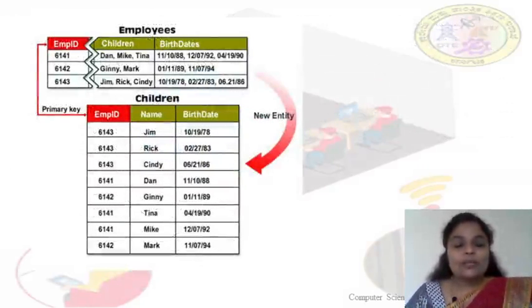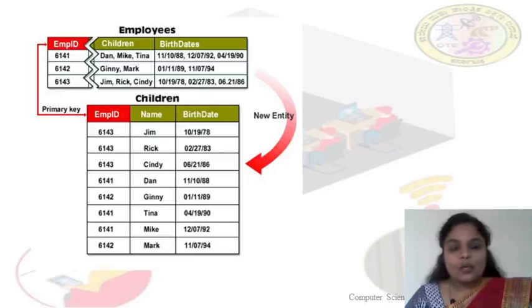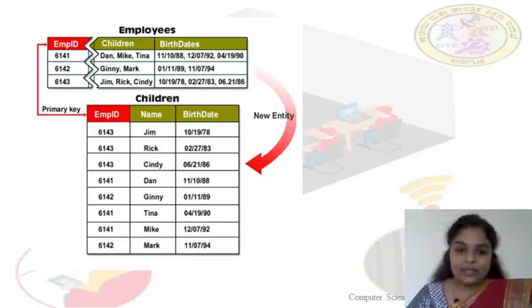And a small picture where I just wanted to convey how this multi-valued field will be represented in a particular table. See, we have an employee table. I'm not saying it's a database, it's just a table. We have not discussed databases yet, so we are assuming only a table here.